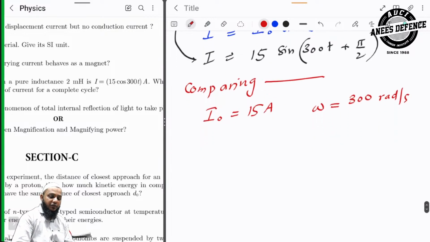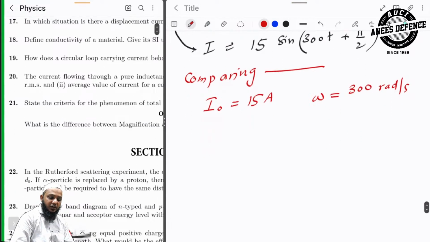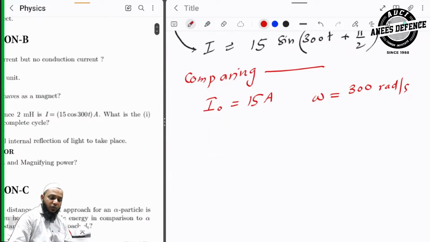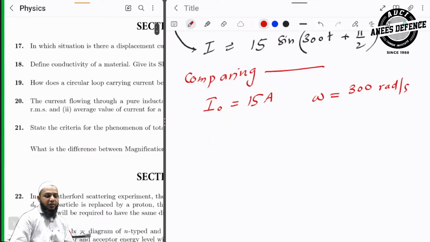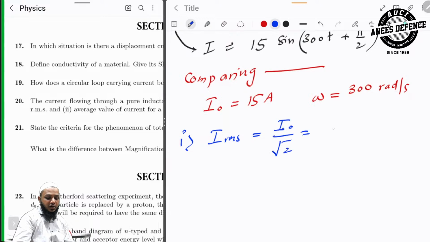Now, for the first case, we have been asked to find the RMS current. We know the formula. What is I RMS? It is I naught divided by root 2. That means 15 upon root 2. Now, how to solve it?